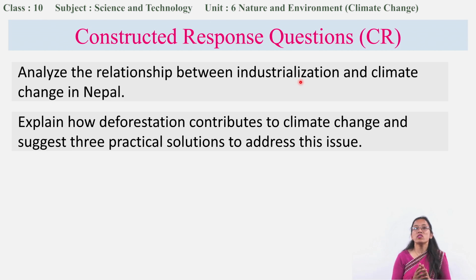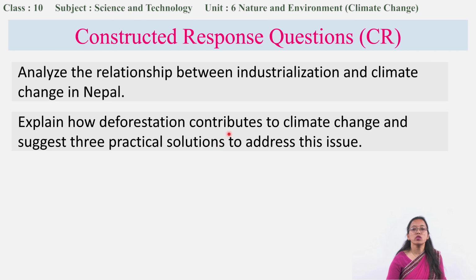The cement and brick industries release different kinds of harmful gases mixed with dust particles, carbon dioxide, smog, etc., directly into the atmosphere, and it also increases the greenhouse gas level. That is the cause of climate change. So in that way you can explain and write in your copy and show to your science teacher.